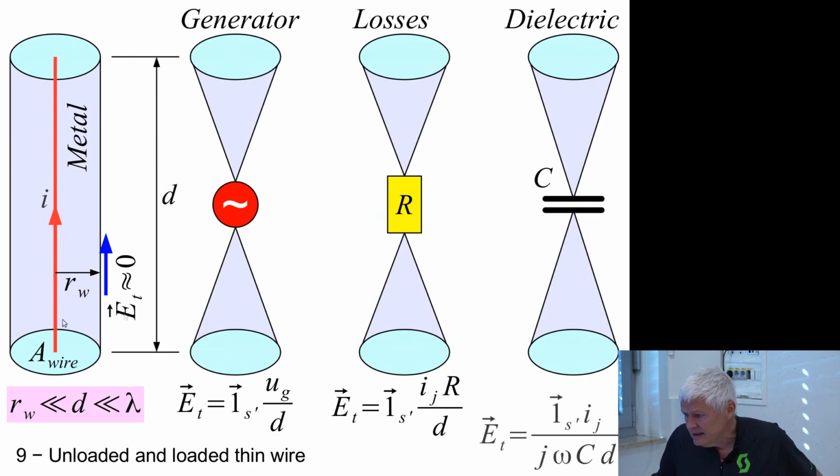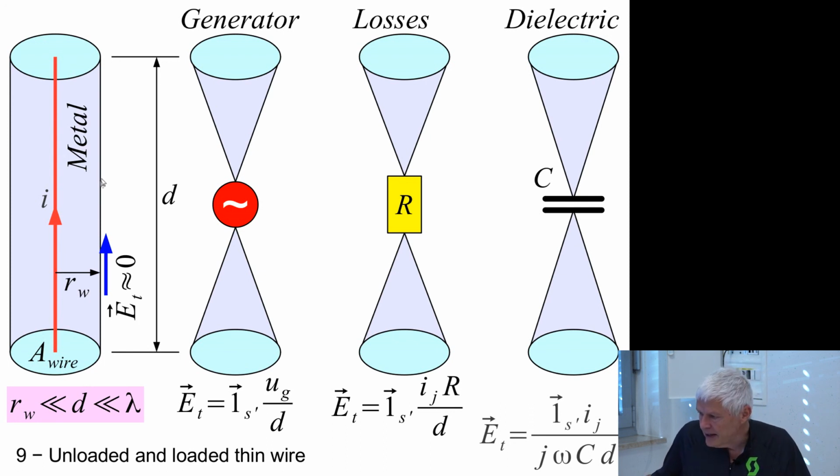So the trick is to replace the real distributed current over the cross section of the wire with just a single current that flows in the center of the wire. And put our condition to have the tangential electric field on the surface of the wire.